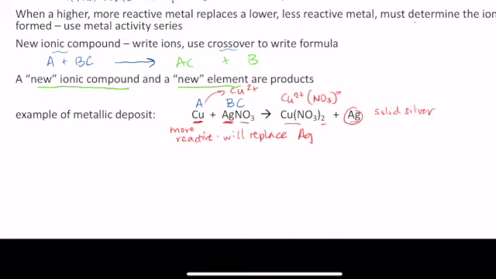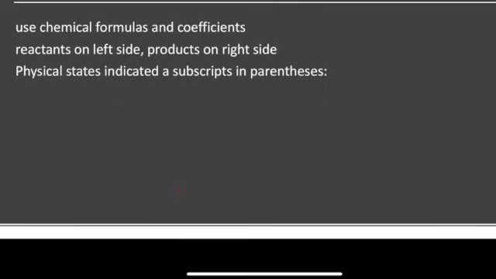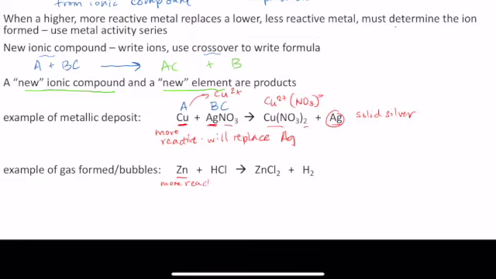So you can end up with the solid silver, or you can end up with a gas, like here. This is what we looked at earlier: zinc, which is the more reactive metal, will replace the less reactive hydrogen. In the process, it forms the zinc ion, which is plus 2, and that zinc plus 2 ion combines with the chloride.